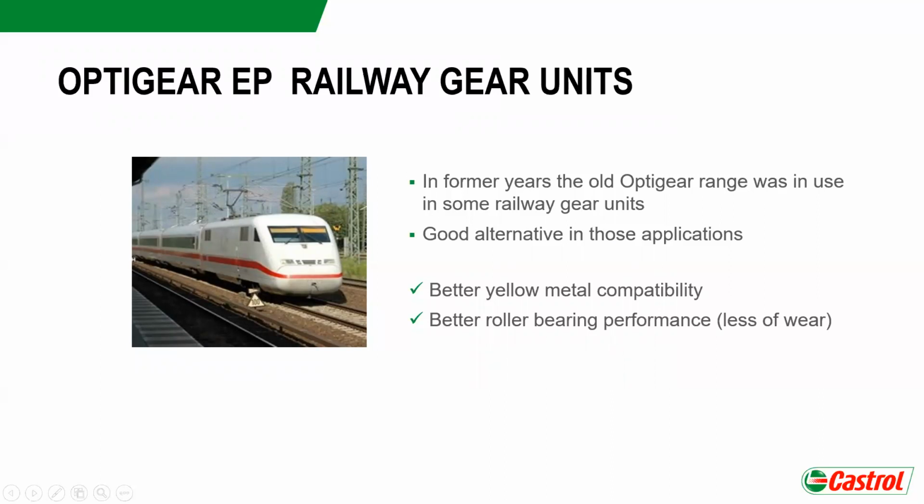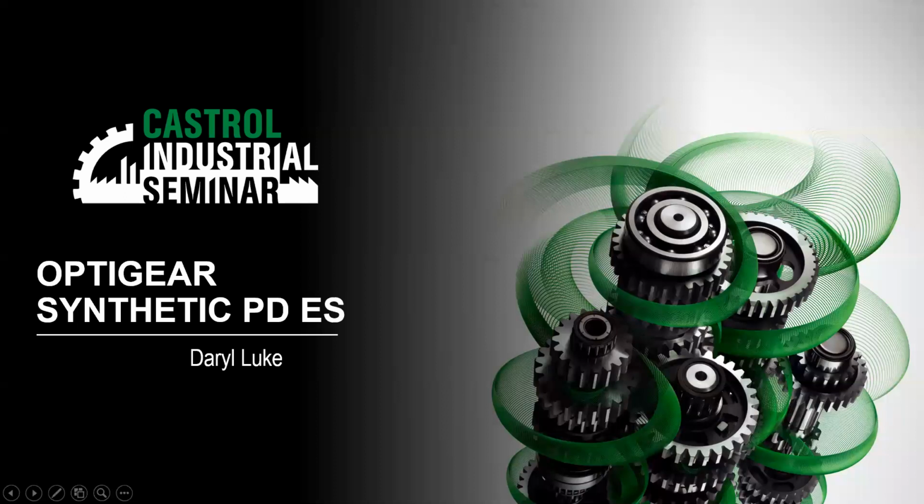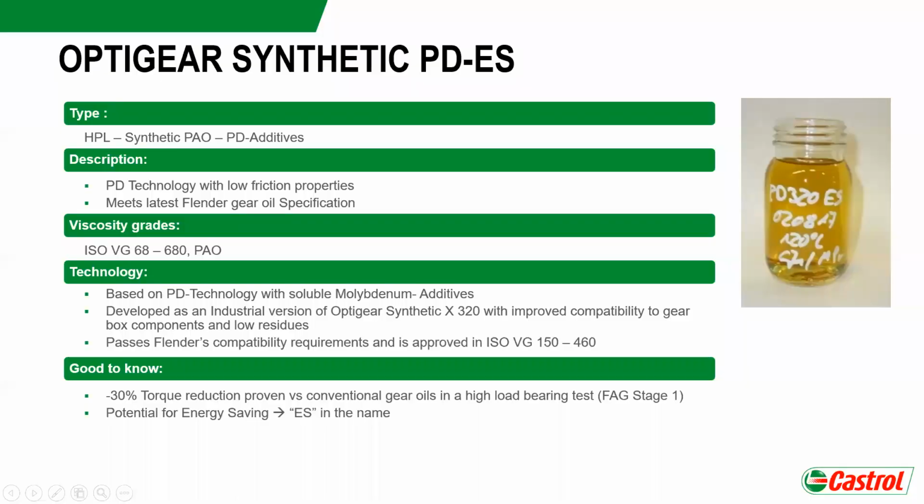If we go to the next slide, I'm going to move to the OptiGear synthetic PD range. And on the next slide, I have a description of the range. So it's synthetic PAO, as the name implies, and it's coupled with this microflux transplastic deformation with low friction properties, and it's also Flender approved.